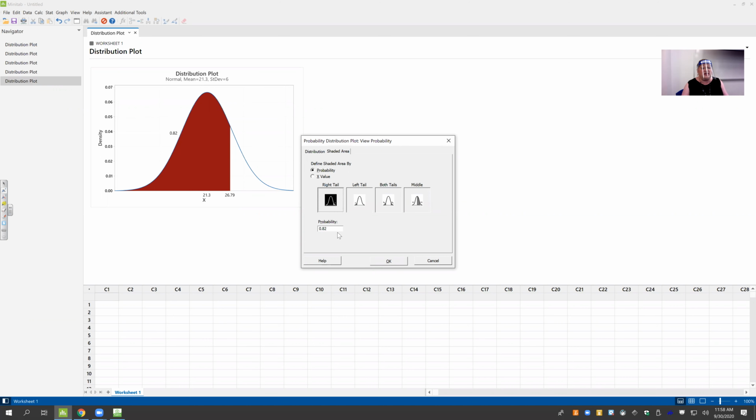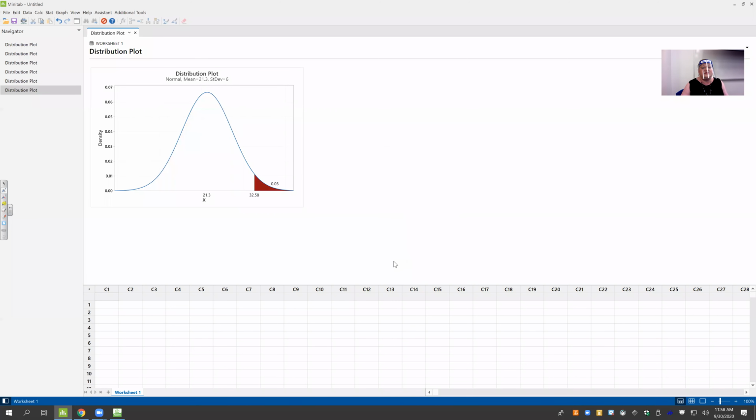It's right tail because now I want the top end, and it's 0.03, and I tell it okay. And it shows 32.58. So in order to qualify for a scholarship, a student would have to make approximately 33 on the ACT reading.